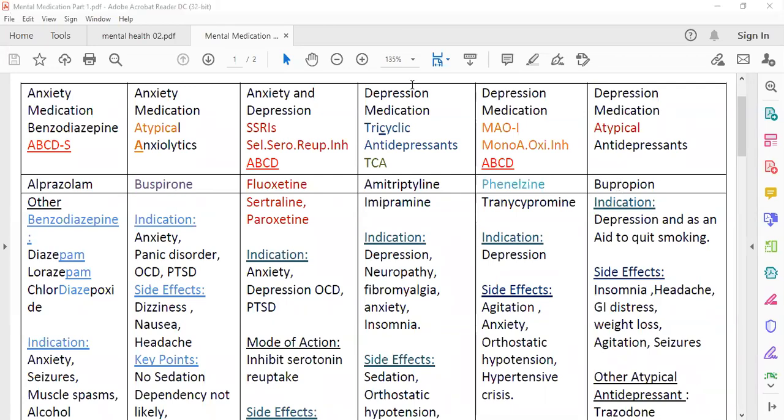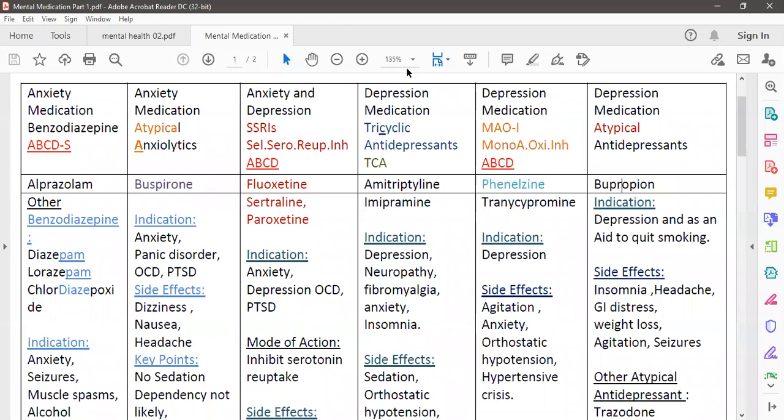Don't miss these two terms or two drugs. Let me explain about buspirone, an atypical anxiolytic. The indications of buspirone are anxiety, panic disorder, OCD, obsessive compulsive disorder, or PTSD, post-traumatic stress disorder.